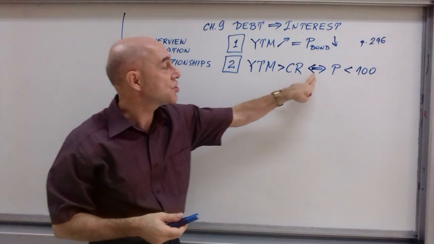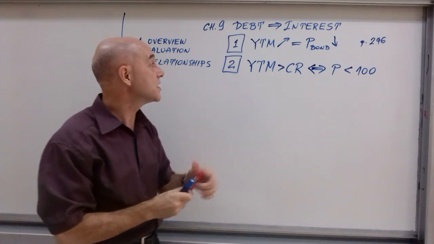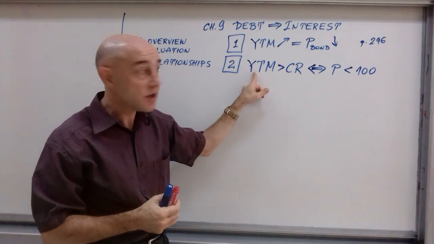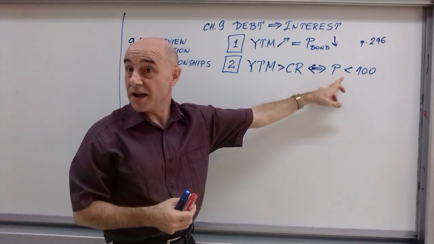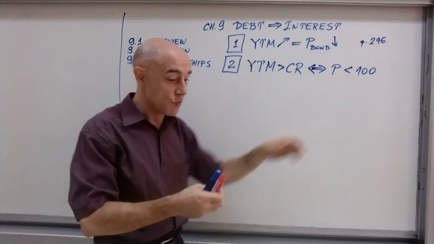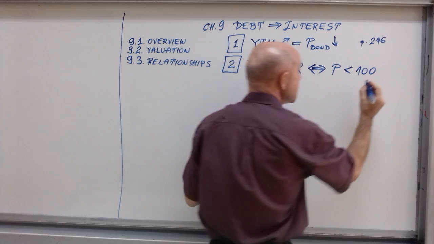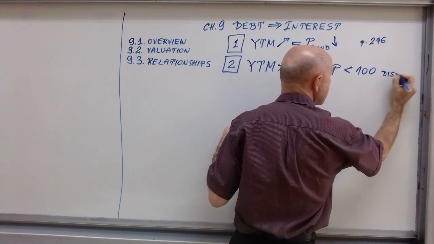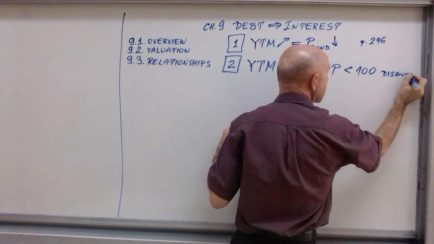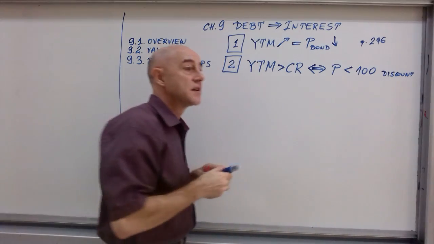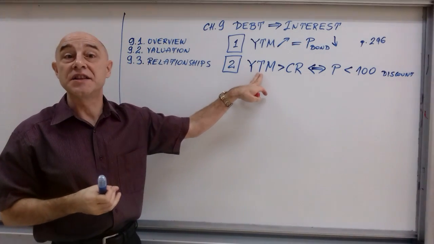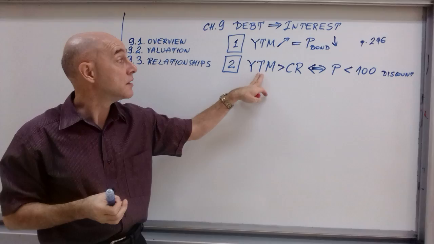So, this relationship goes both ways. If the yield is higher, the price will be less. We call this at a discount. So it will become a discount bond.